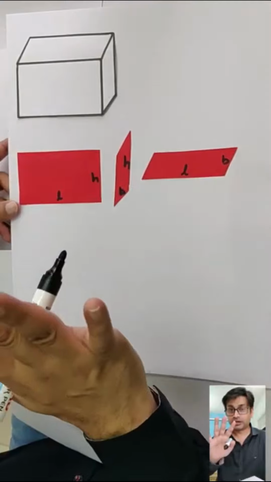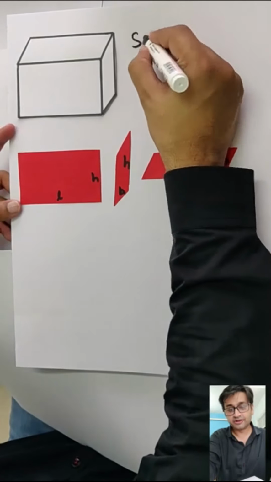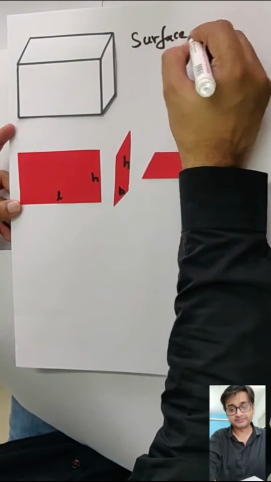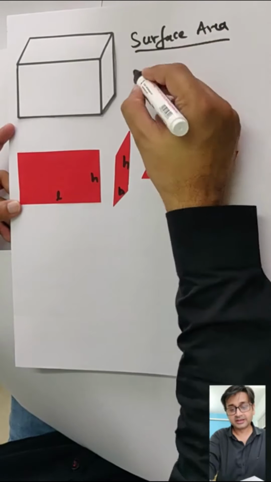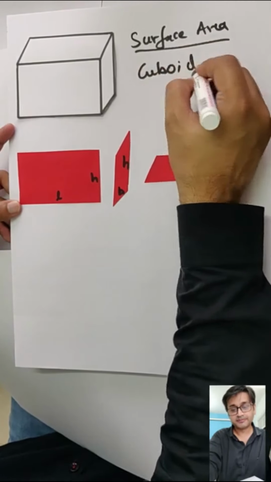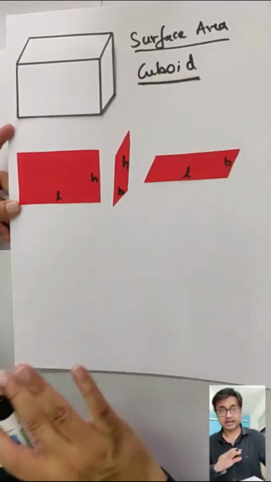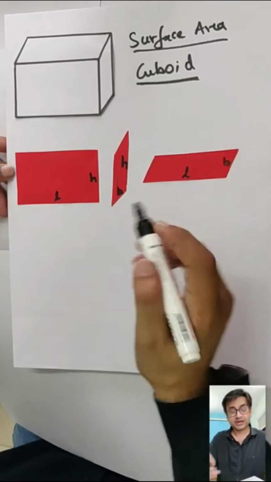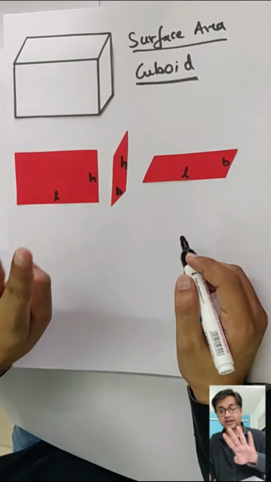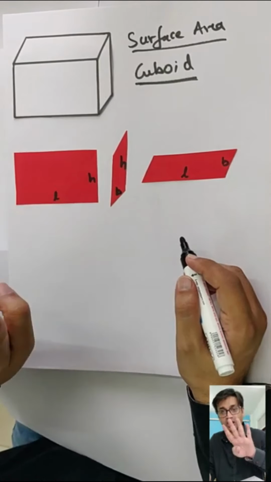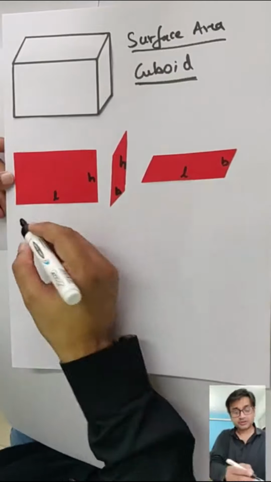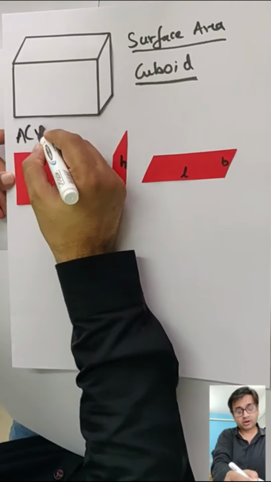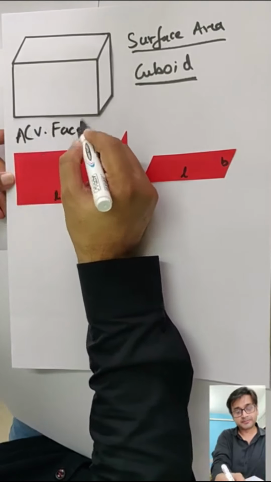Now 4 vertical faces here also. So we are first understanding surface area, right? And this is called a cuboid. Cube, where all faces are the same, basically squares, and cuboid, where all are rectangles. So now the first one. Now you need to find the area of vertical faces. So how many vertical faces? 4. So we will say area of vertical faces.